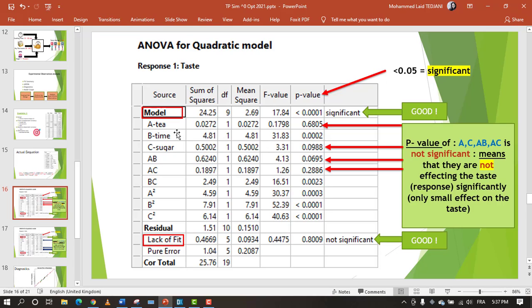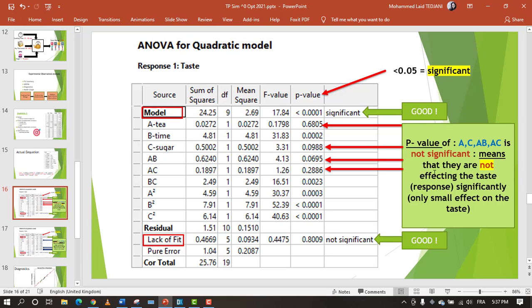In this case, we have A, B, C, AB, AC, BC, A squared, B squared, and C squared. From this table, we can see that the p-values of A, C, AB, and AC are not significant. These are not significant, with p-values higher than 0.05.